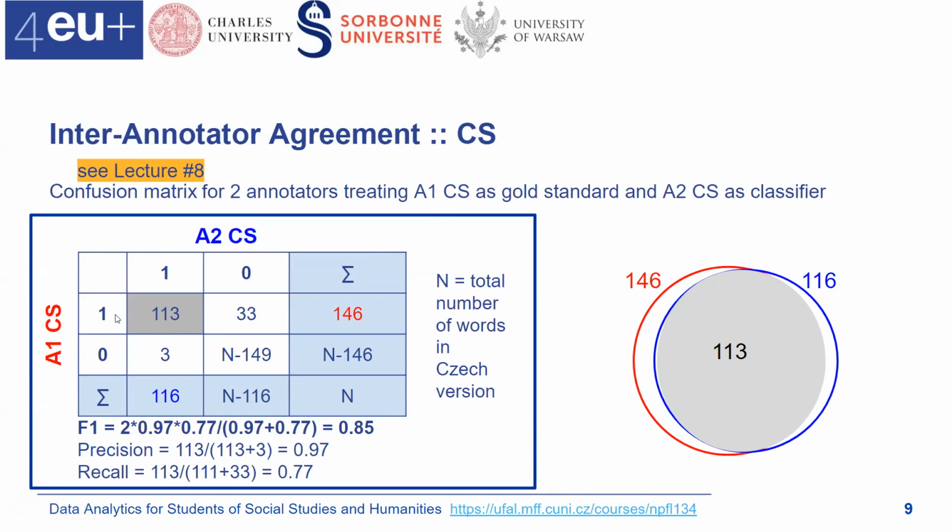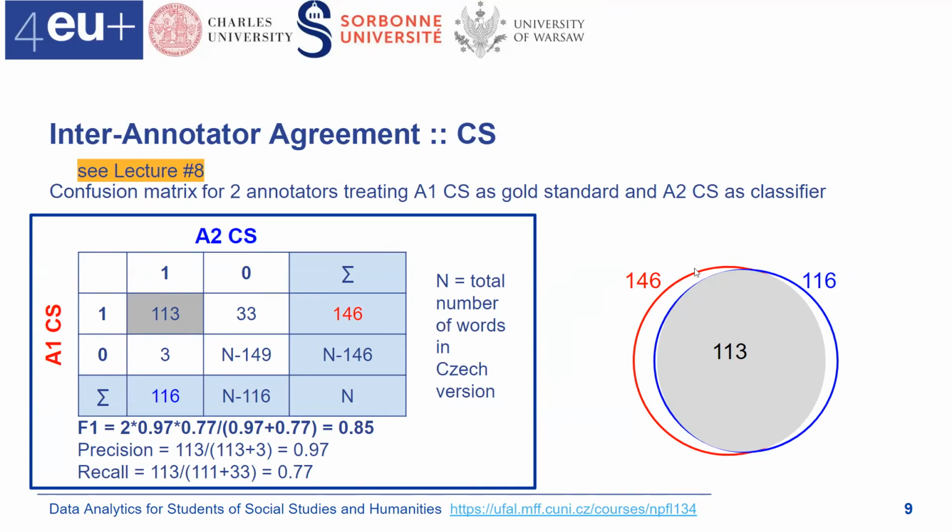How to read this confusion matrix? In the rows, we read the truth, so the true target values, and in the columns we read the classifier or the predicted values.